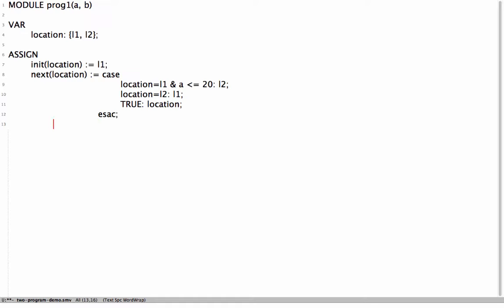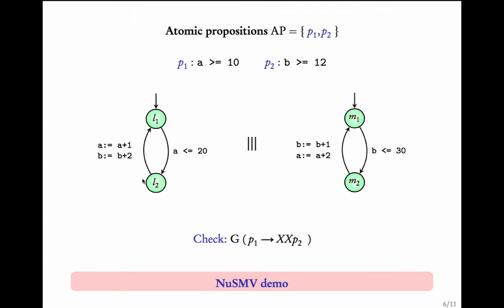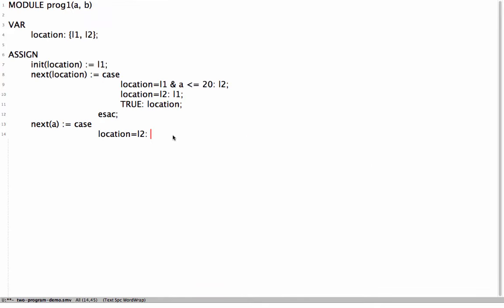What about next of a? If location is L2, let us look at the program graph. If location is L2, then a becomes a plus 1, b becomes b plus 2. So a goes to a plus 1.